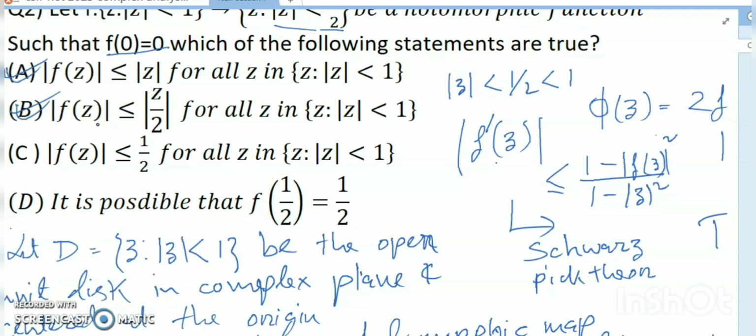For all mod of z less than 1, is this possible or not?